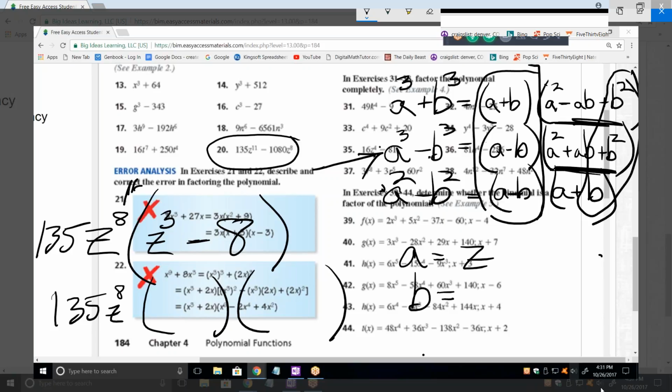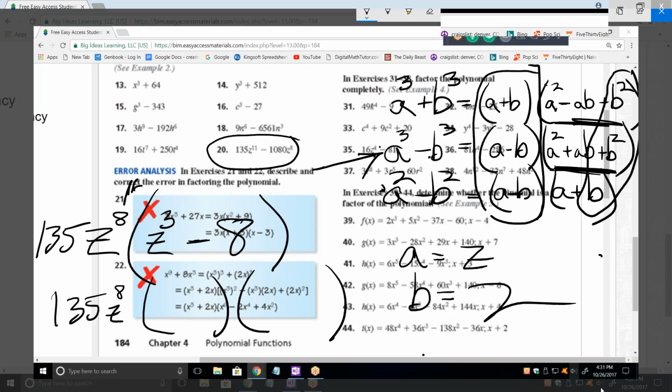Once you've recognized it as difference or sum of perfect cubes, then the way to get A and B is just take the cube root of each. So what's the cube root of 8? 2. Now, what's the answer? A is first.